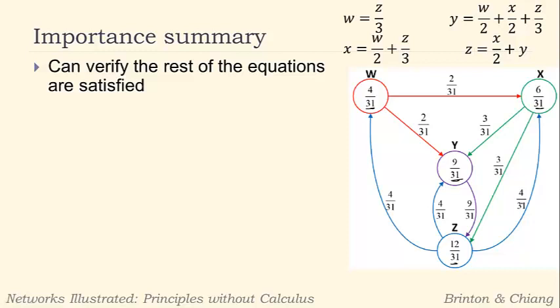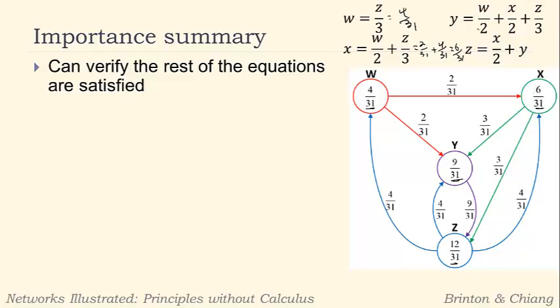But you can go back through and say, for instance, W has to be equal to Z over 3, and we said Z was 12 over 31, so 12 over 31 divided by 3 is 4 over 31, which we said is the importance score of W. X is W over 2, which is 2 over 31, plus Z over 3, which is going to give you 4 over 31. So that'll give you 6 over 31, which is X's value here.